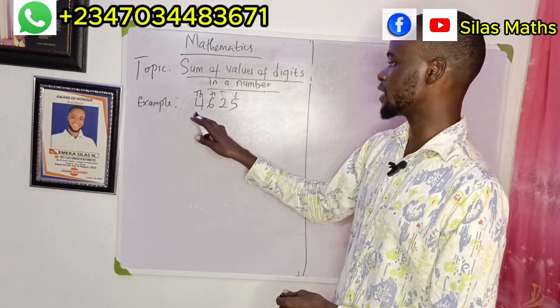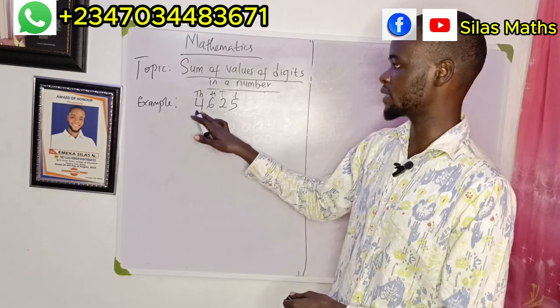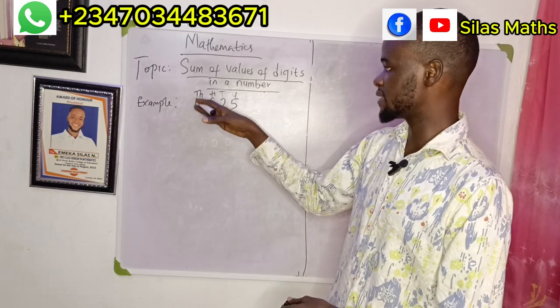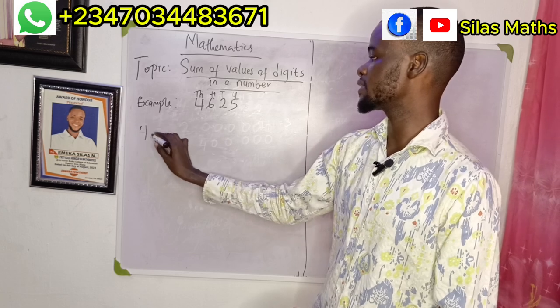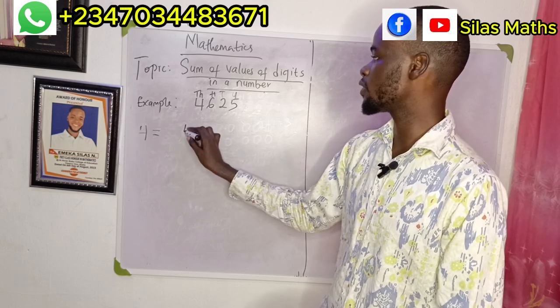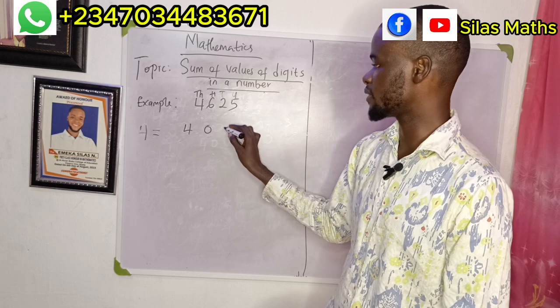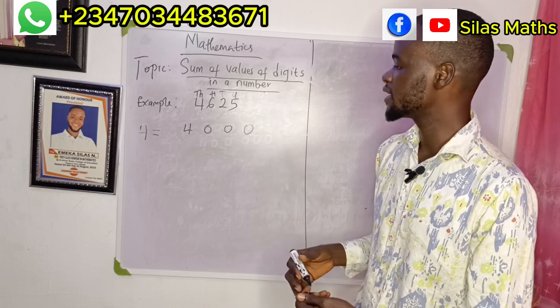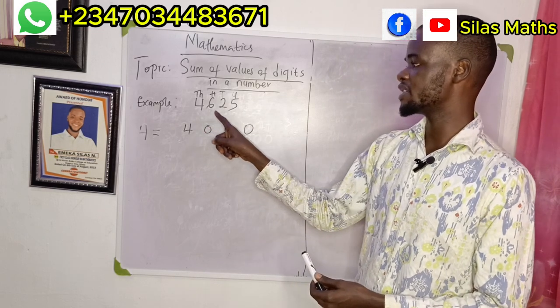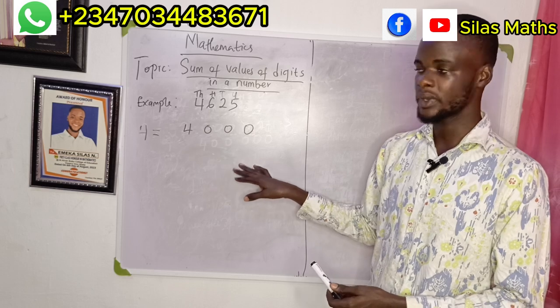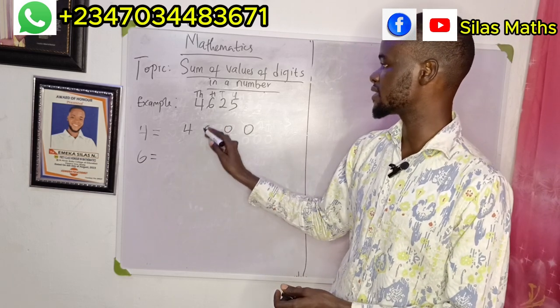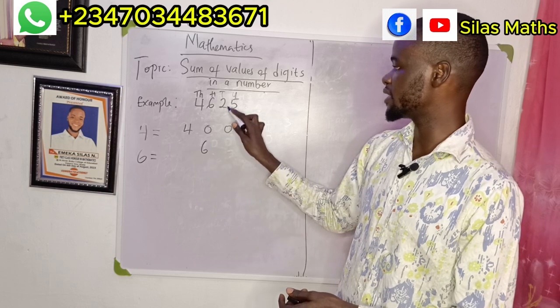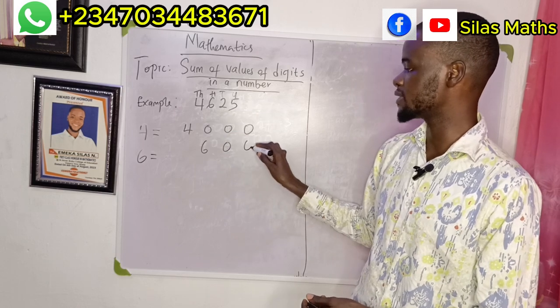Let's start with the highest digit here, which is 1,000. The value of 4 here is 4,000. That is to say 4, then the remaining digits 0, 0, 0. And the value of 6, you write down 6, then the remaining places become 0 and 0.